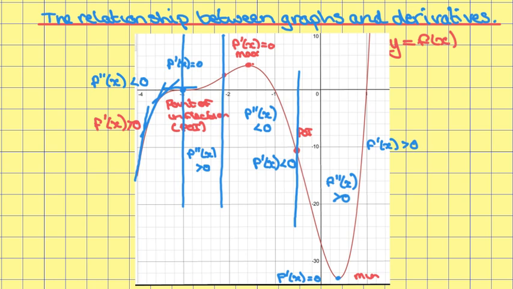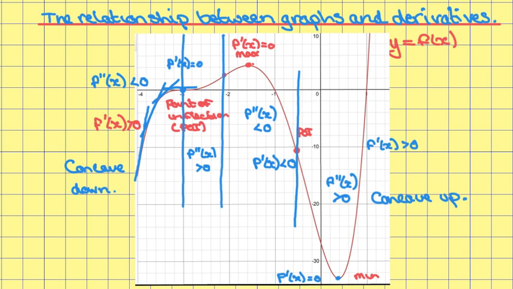So we also can say when f double dash of x is less than 0, it is concave down. The rate of change of the gradient is getting easier. And when the second derivative is positive, so the rate of change is increasing, we say it is concave up.